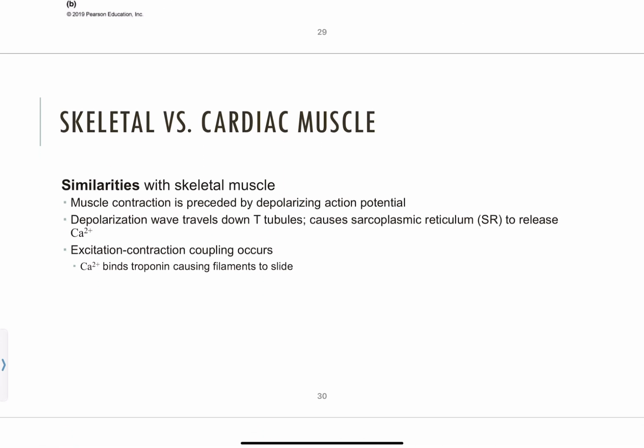So some more similarities between cardiac muscle and skeletal muscle would be that contraction is still triggered by a depolarizing action potential. And this action potential is going to travel down the T tubules, and as it does, it's going to cause our sarcoplasmic reticulum to release the calcium ions.